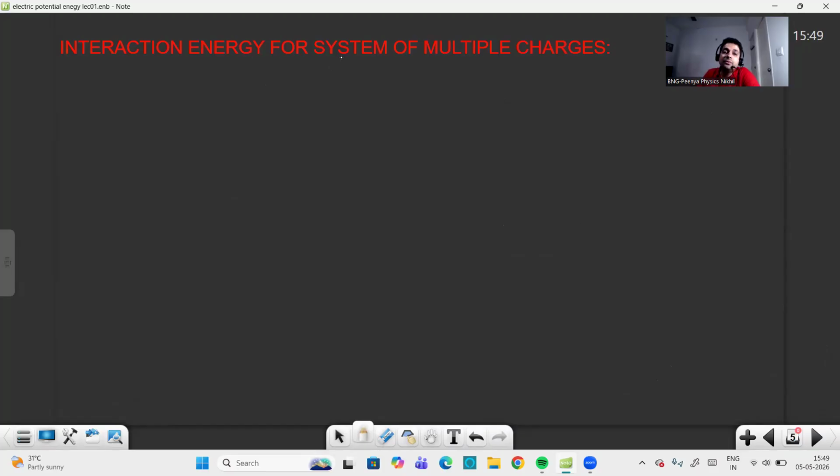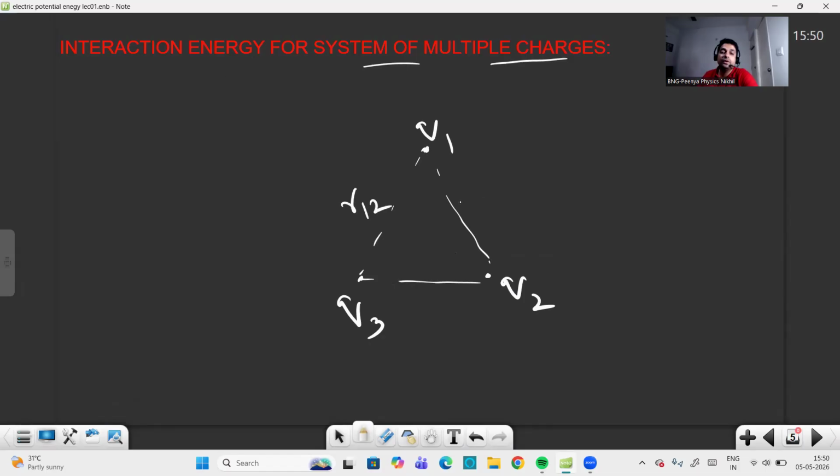So, the interaction energy for a system of multiple charges, meaning more than two charges. For example, if I take any triangle, let the charges be Q1, Q2, Q3, and the distances between these charges be R12, R13, and R23.